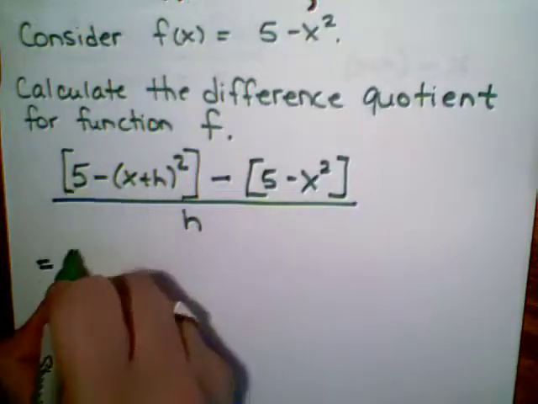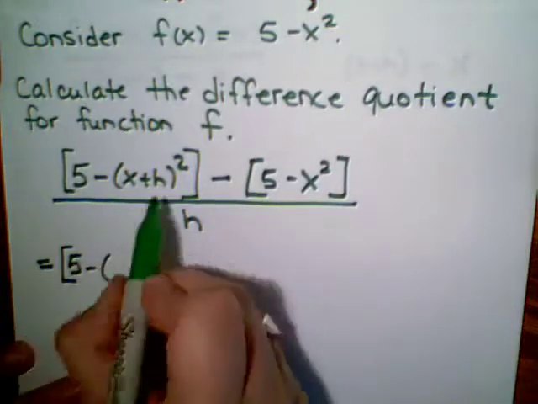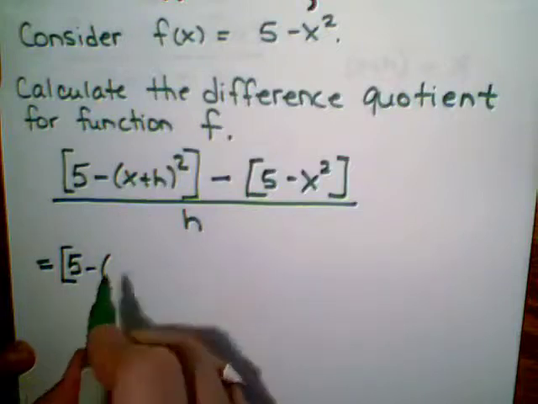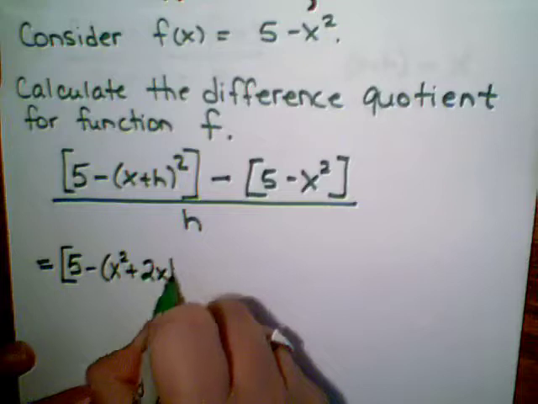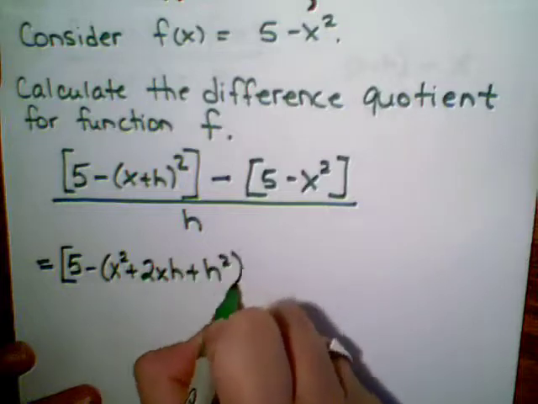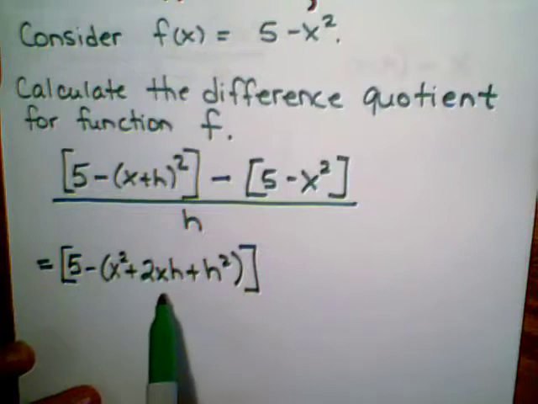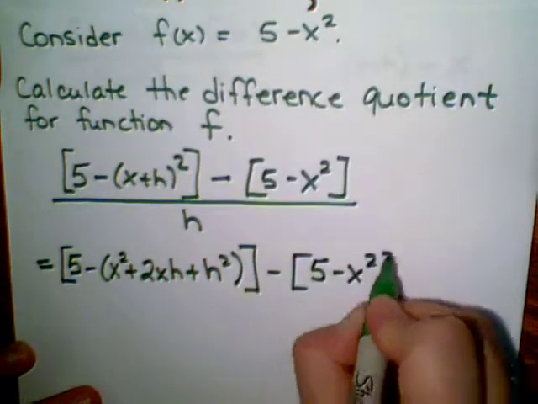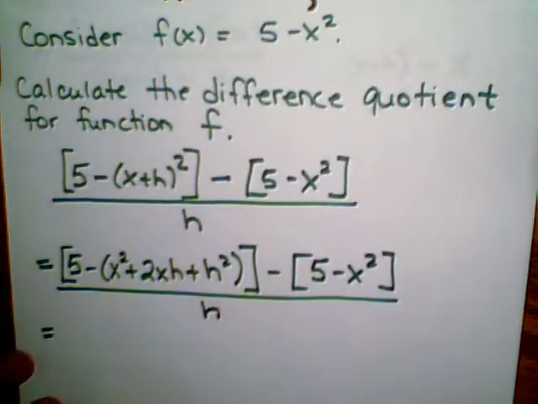The first set of grouping symbols, I need to square the binomial. If you do some FOIL off on some scratch work, you'll find that you get x squared plus twice xh plus h squared when you take x plus h times itself. Okay, I'm going to write down the remaining terms, and then we'll simplify again.